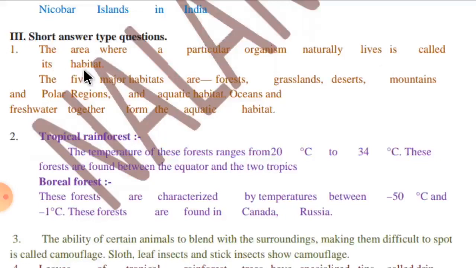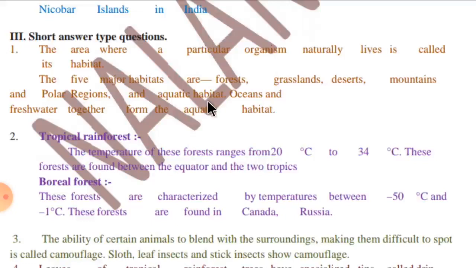So major habitats are: there are five major habitats like forest, grasslands, deserts, mountains and polar regions, and aquatic habitat like oceans and freshwaters together form an aquatic habitat.